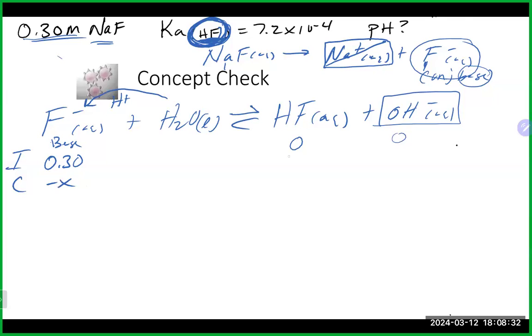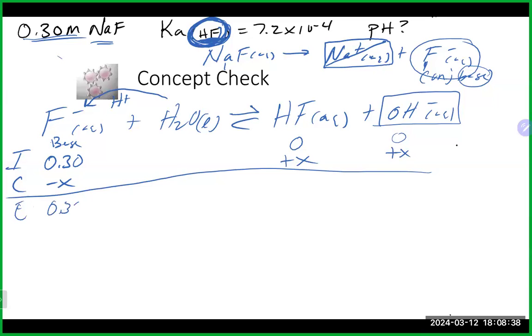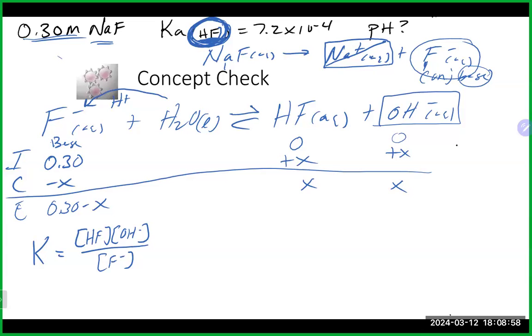Change will be minus X, plus X, plus X. That means when we reach equilibrium, 0.3 minus X, X, and X at this point. Any questions on the ice table here? This is going to go into my K expression here, which would be my products divided by my reactants. Once again, we're not going to include water, right, because it's a liquid.